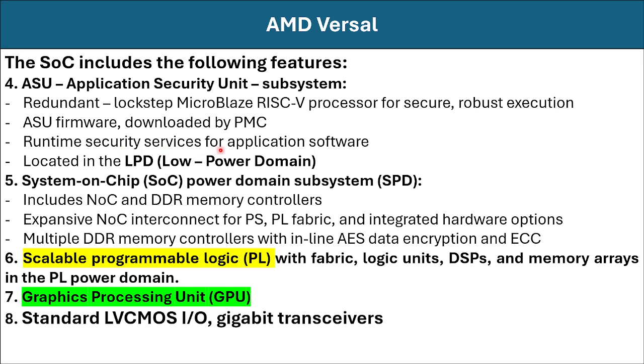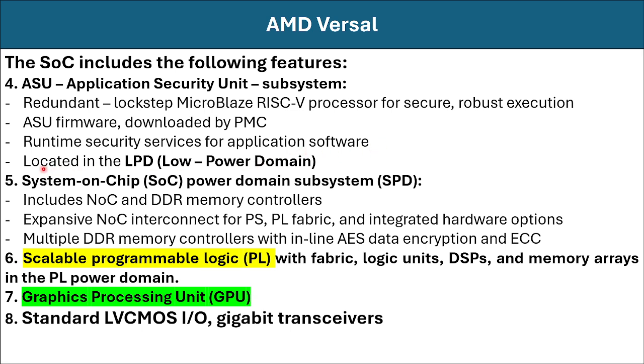Runtime security services for application software. So it seems that we have an application level and a firmware level for this system on chip device. If we have an application level of the software, it means that this device is, let's say, not complicated, but much more developed and has a richer software interface, which is more human than basic firmware.